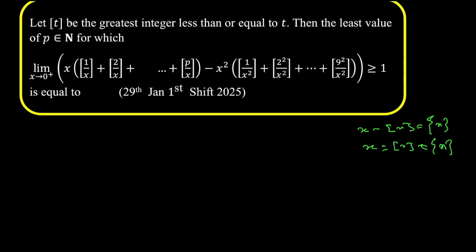Therefore, what we can do in this case, just one term I am showing you. Just see, box of 1 by x equal to 1 by x minus fractional 1 by x, or box of 1 by x square equal to 1 by x square minus fractional 1 by x square.